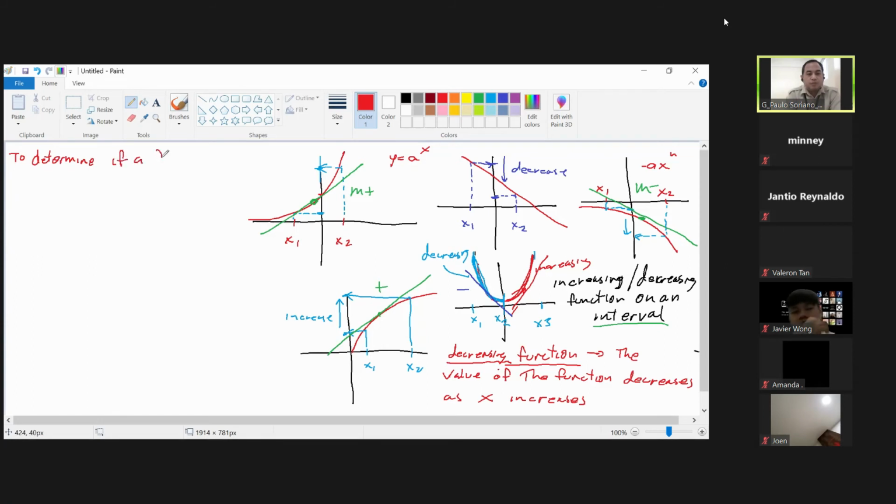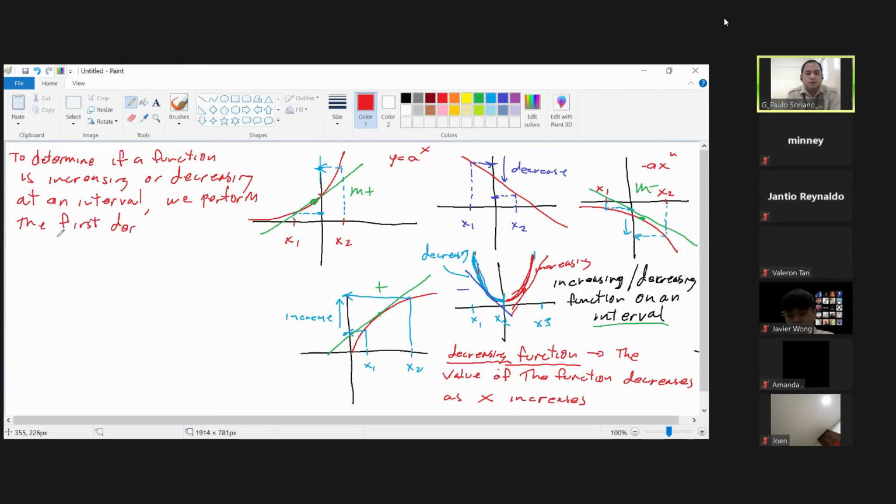To determine if a function is increasing or decreasing at an interval, we perform the first derivative, okay?